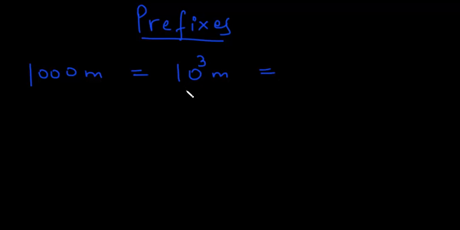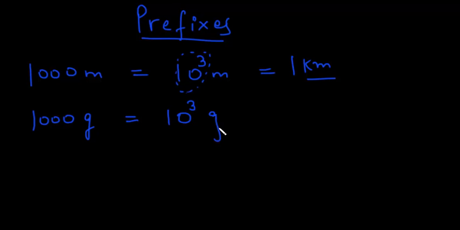And we denote this 10 to the power 3 as kilo, so 1000 meter is 1 kilometer. Similarly, 1000 grams is equal to 10 to the power 3 grams, and we replace this 10 to the power 3 by k or kilo, 1 kilogram. So the unit here is gram and the prefix is kilo. So the unit becomes kilogram.